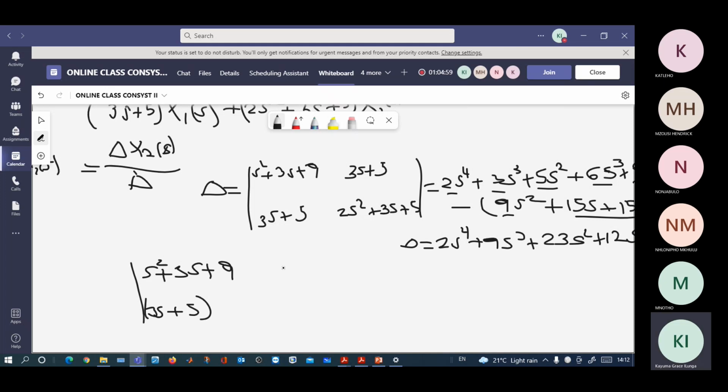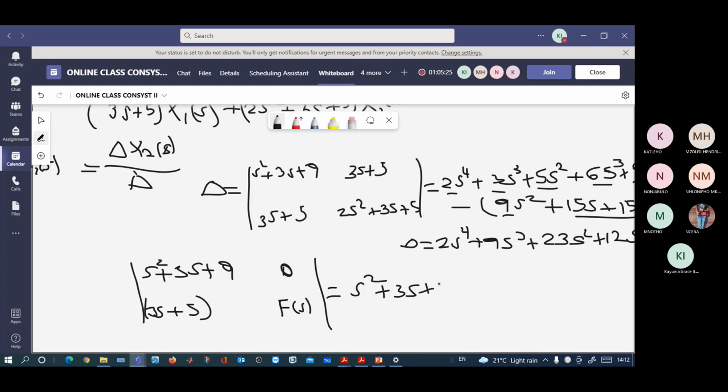Then on the other side we have f. On this one we have 0, and there we have f of s. So let's now try to do this. This one is going to give 0, and this one is going to be s squared plus 3s plus 9 in the brackets, times f of s. So this is going to be easy for us to find x2.